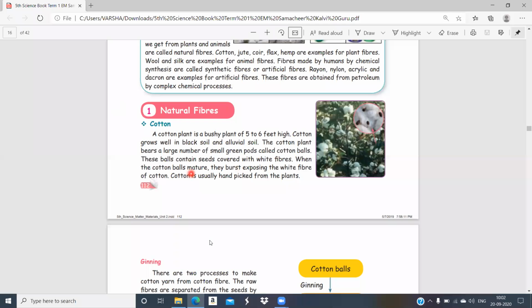The cotton plant is bushy and grows up to 5 to 6 feet high.